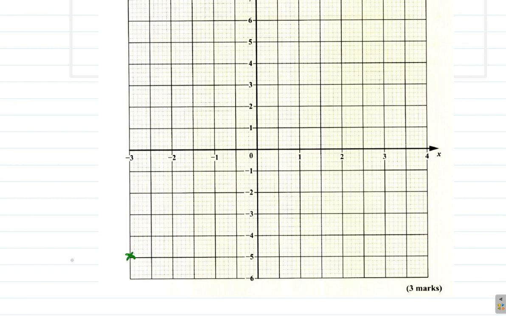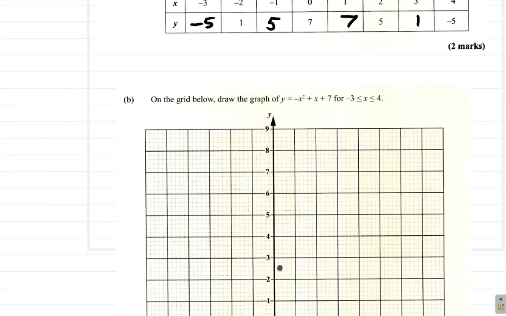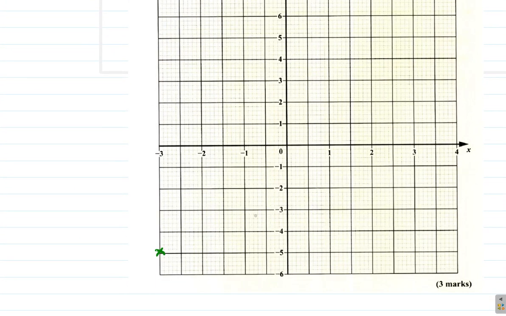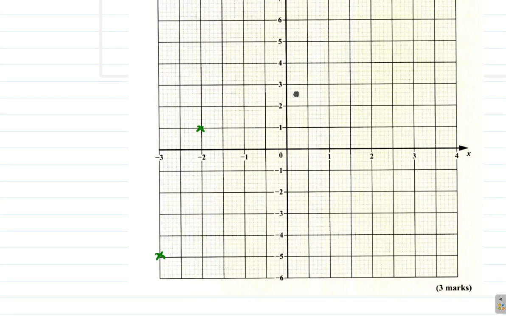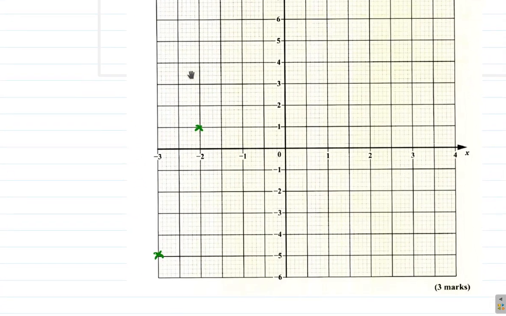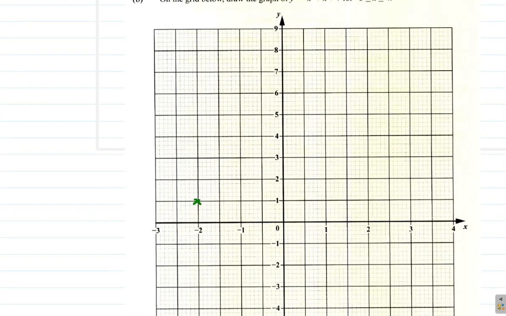Just plot the individual points. Negative 2, 1. So we are at negative 2. X is negative 2, y is 1. Be here. When x is negative 1, y is 5. So we are at negative 1, 5. Negative 1, 5 will be here.